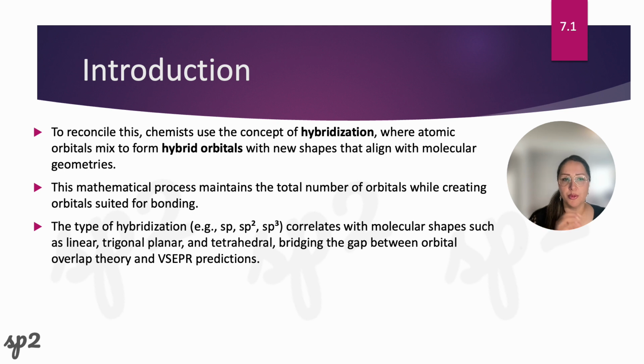There are different types of hybridization. Three of them are pretty common: sp, sp2, and sp3. We can have higher than that, but in this lecture we're only focusing on these three, which correlate with the molecular shapes such as linear, trigonal planar, and tetrahedral geometries. This is an amazing connection between the orbital overlap theory from our previous lecture and the VSEPR predictions.